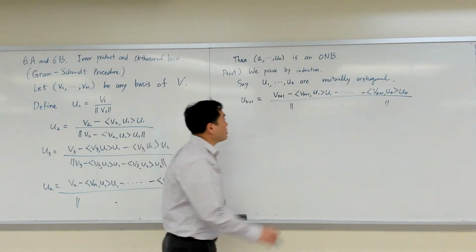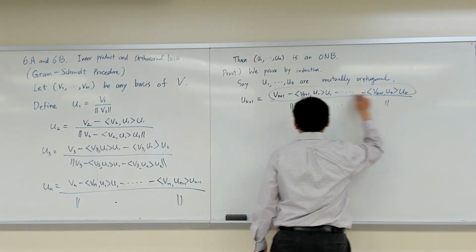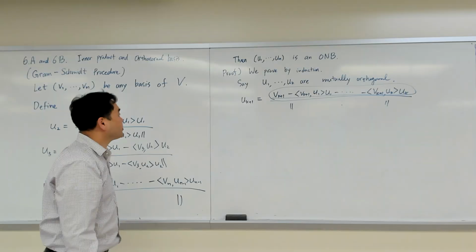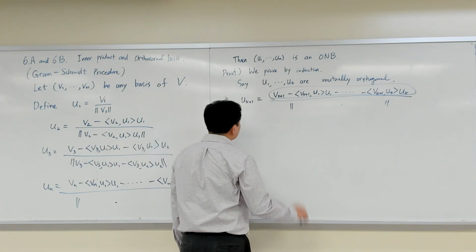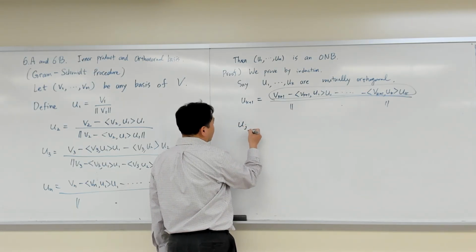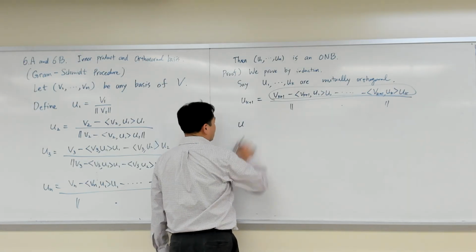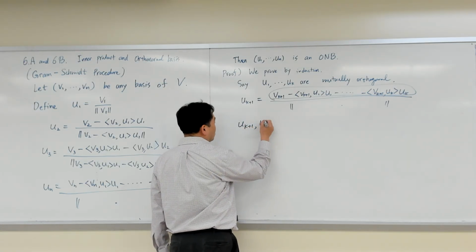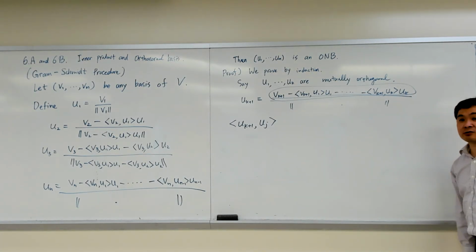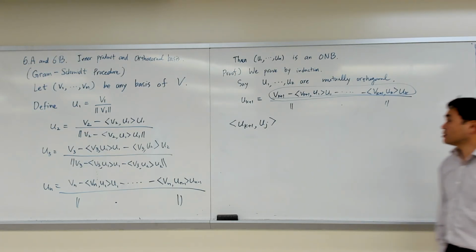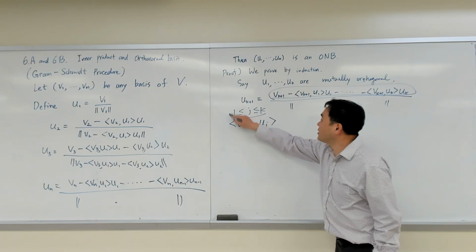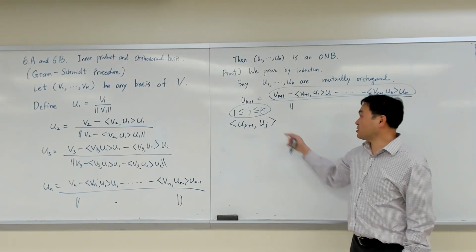So we just need to show that the numerator is orthogonal to every one of these. Suppose you have uj, and I want to show that the inner product of u(k+1) and uj is 0, where j is anything between 1 and k.